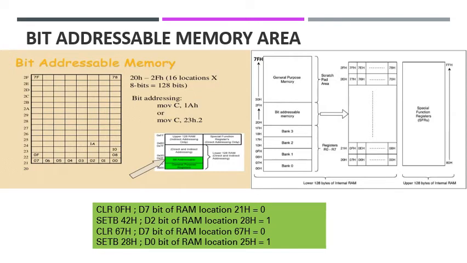16 bytes of RAM are allocated as bit addressable memory. It consists of 16 cross 8, that is equal to 128 bits. These 128 bits can be individually bit addressed starting from 00H to 7FH as shown in the diagram.